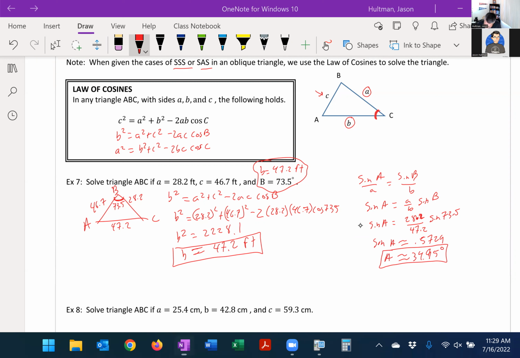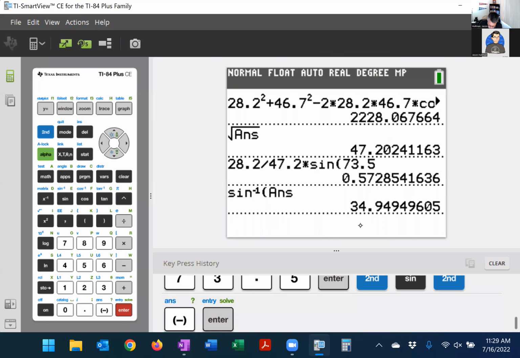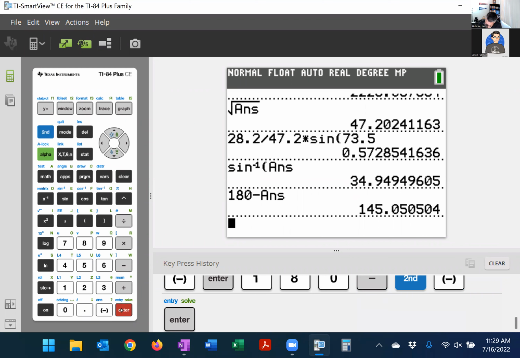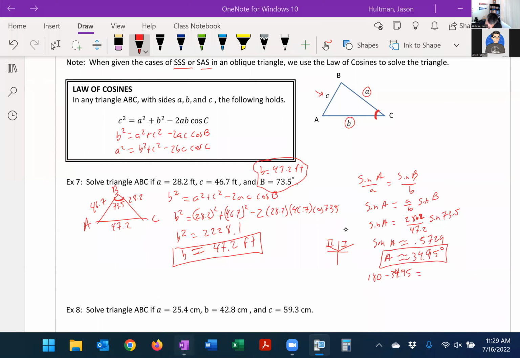If I take 180 minus this angle, because the sine values are positive in both the first and second quadrants, so if I use a reference angle of 34.95 in the first, I could have another angle in the second. So 180 minus 34.95 is 145.05.